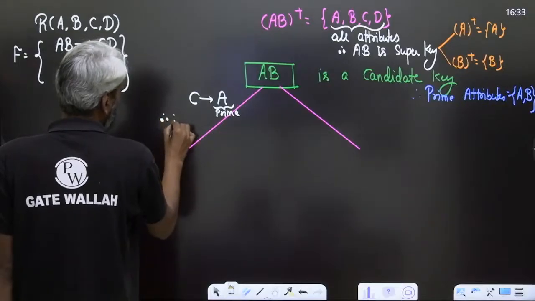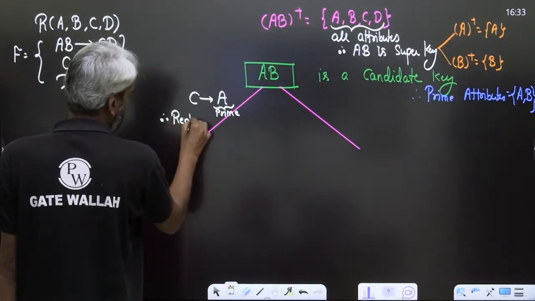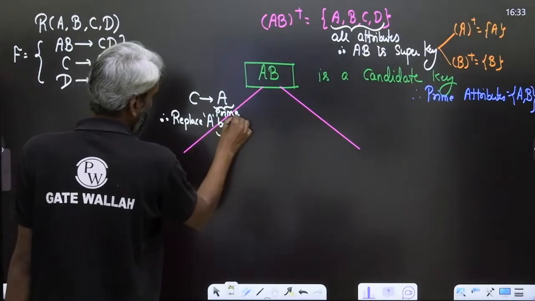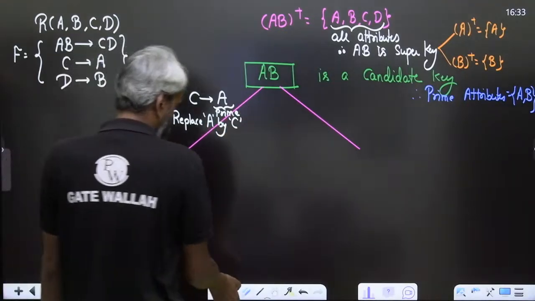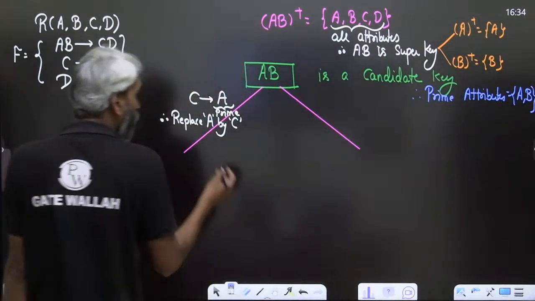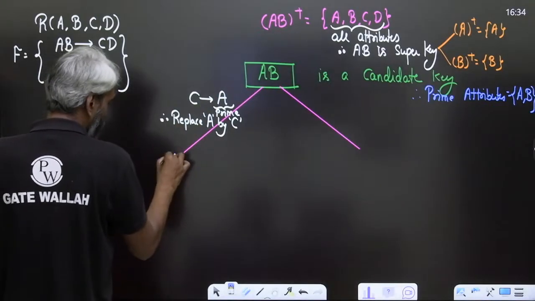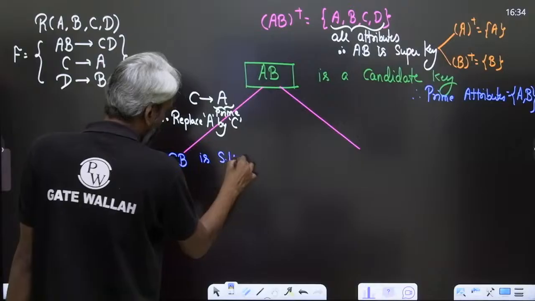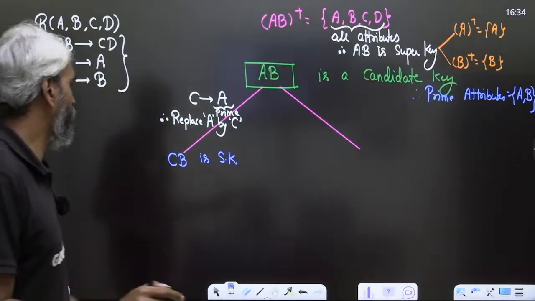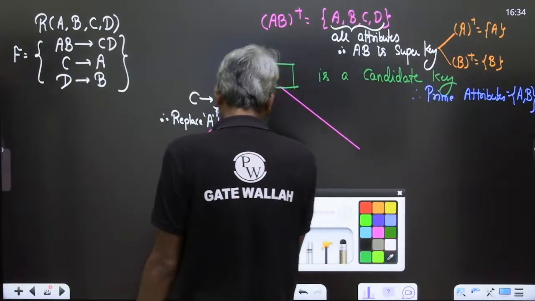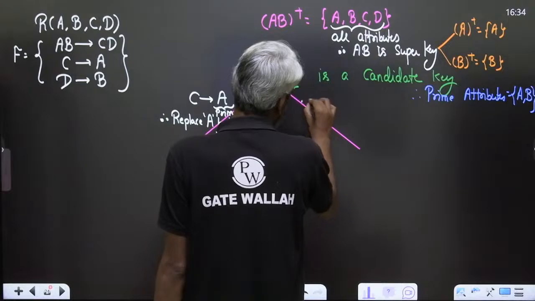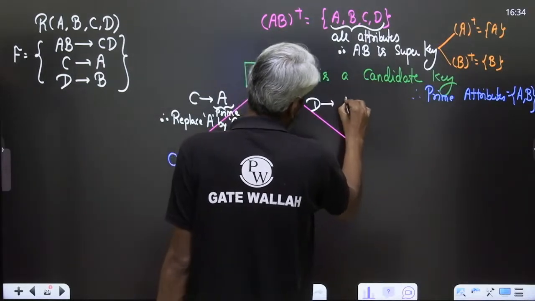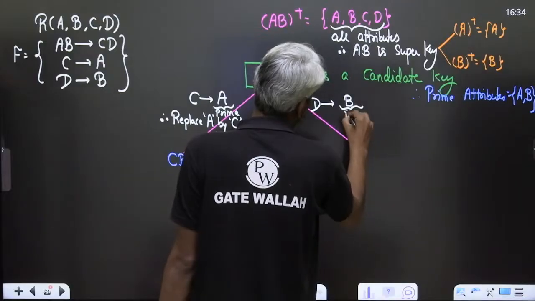Therefore, replace A by C, and you will get CB is a super key. As of now, I am only calling it a super key. Here, D implies B, where B happens to be prime.